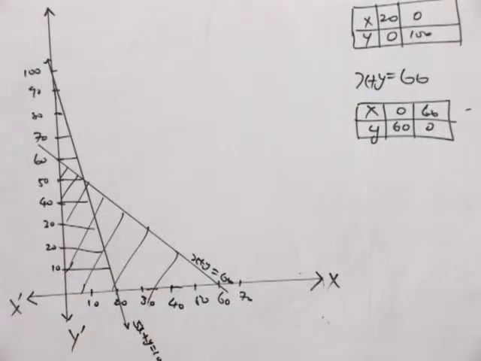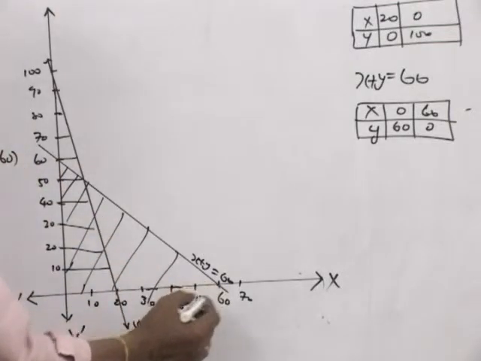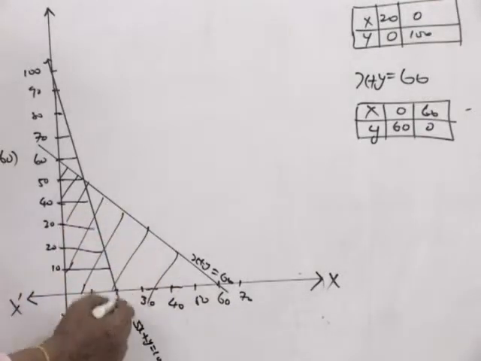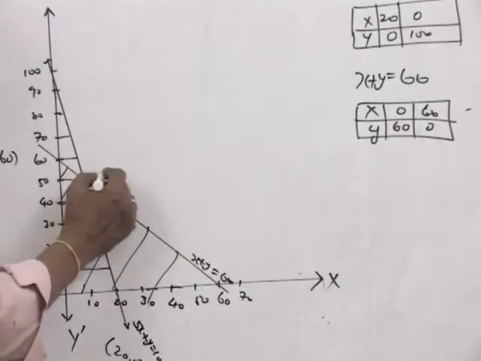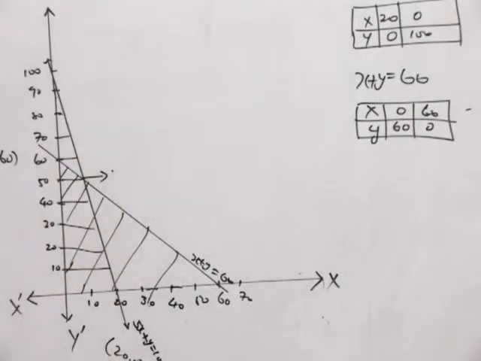Now, common to both, I have this point which is 0, 60. I have 20, 0, common to both, and I have a point here. I have to find the common point to both, which is 10, 50.